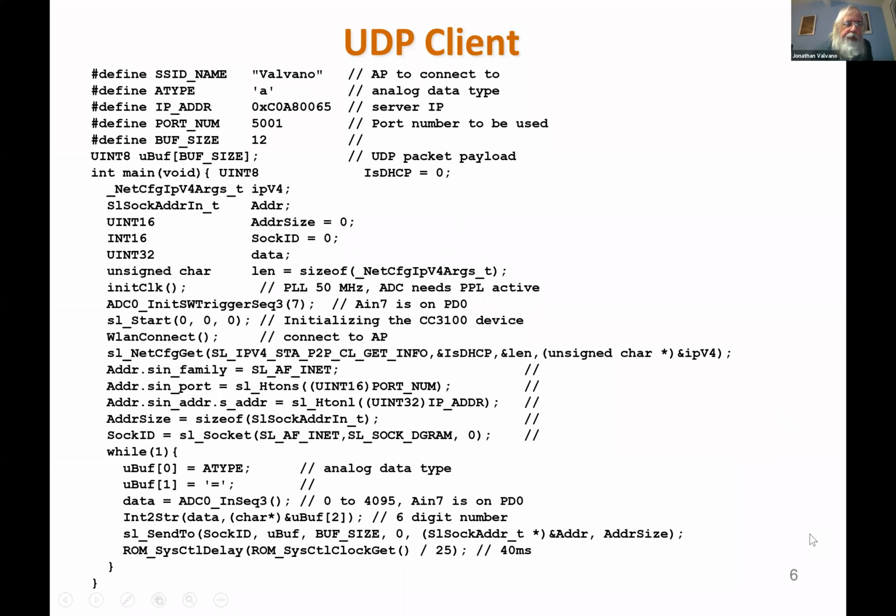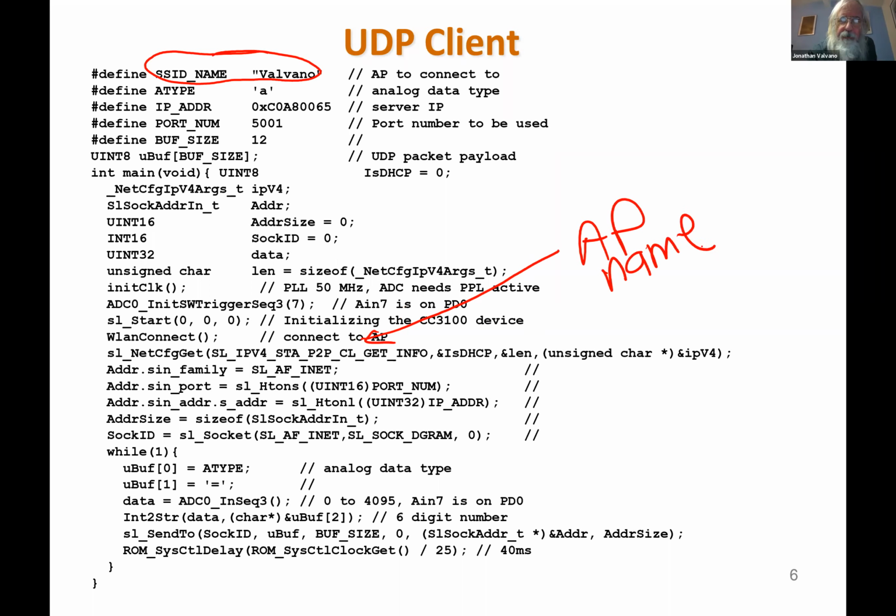Some of these are better abstracted than others, but here I'm going to connect to the access point. I'm going to send in the SSID name, the password, and the encryption type.